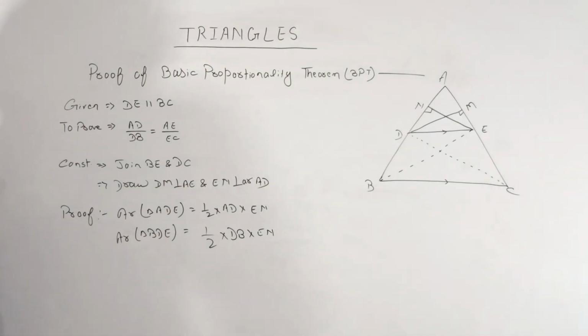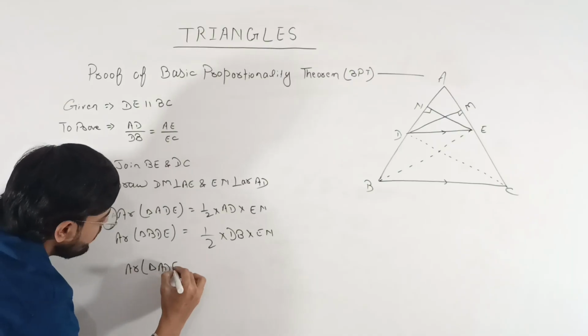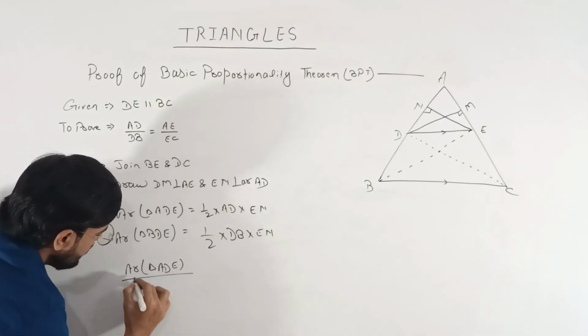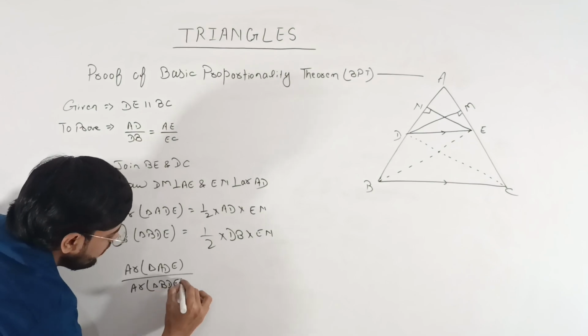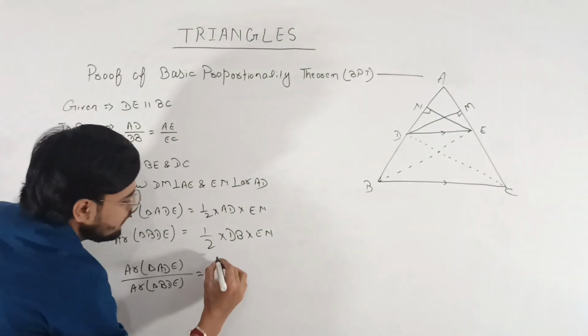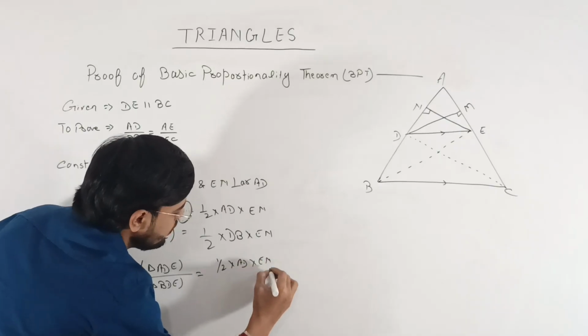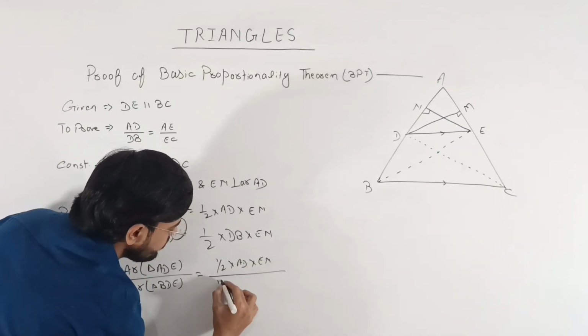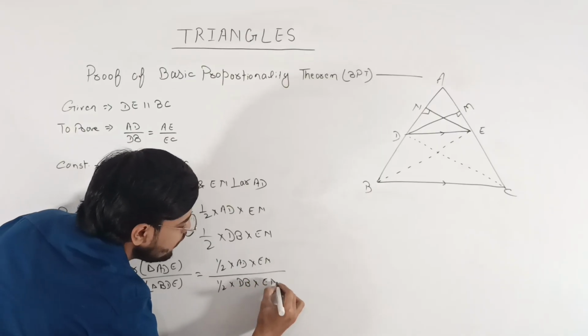Now we have to divide this. Then area of triangle ADE upon area of triangle BDE is equal to what? Half into AD into EN upon half into DB into EN.